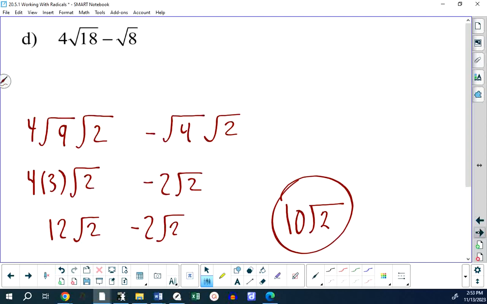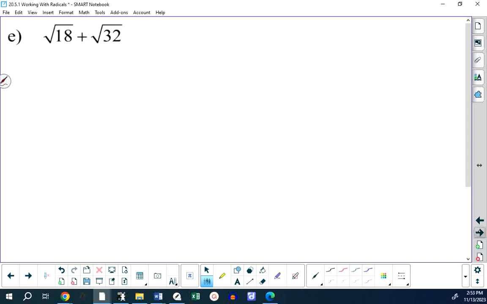Let's go to D. No, let's go to F. That was D. Let's go to F. I'm going to skip a couple of these because we're running a little late here. Are these like terms? No. Root 4c cubed are different than root 9c cubed.